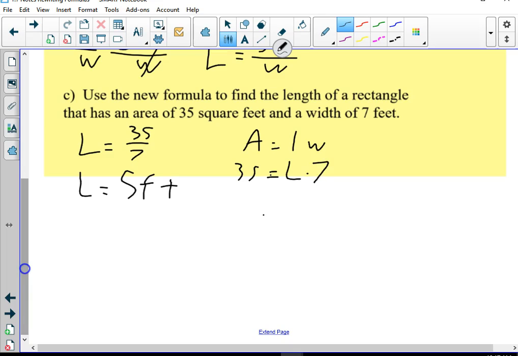What would we do to solve for L? Divide by 7. Isn't that what we already did? So you can see, it's not like you're radically changing anything, and really it's not that much of a time saver. But if you were doing 10, 20, 30 of these in a row, all solving for L, it would help.